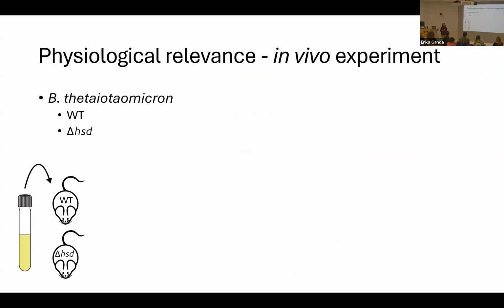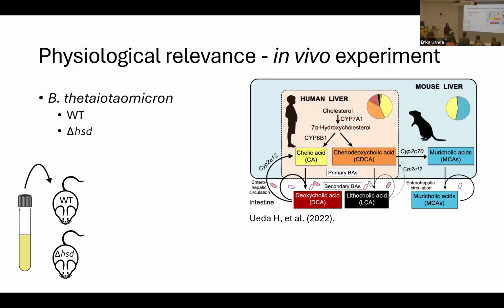So we did a mouse experiment, right? You're thinking, well, you already have the knockout strain, no big deal. You'll just add B theta wild type to your germ-free mice. But something I haven't mentioned yet is that mice have a completely different bile acid pool than humans do. And if you noticed, we are using a glycine conjugated chenodeoxycholic acid as the substrate for B theta.